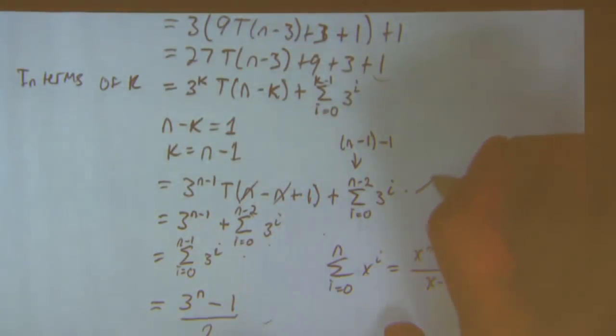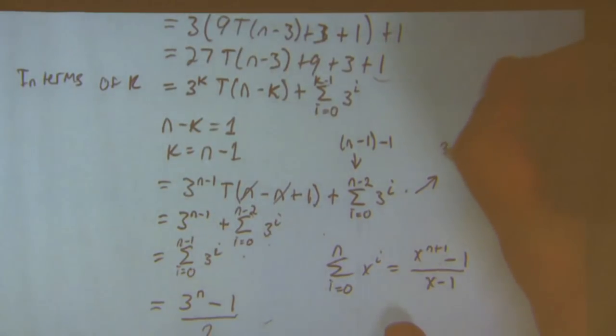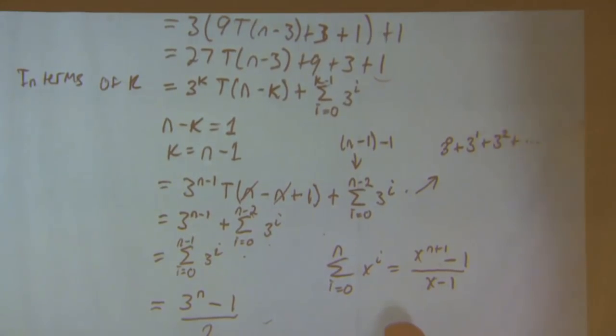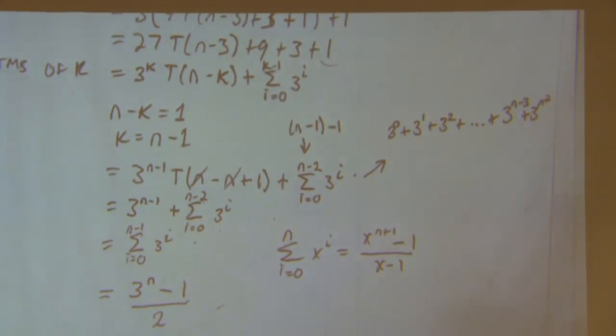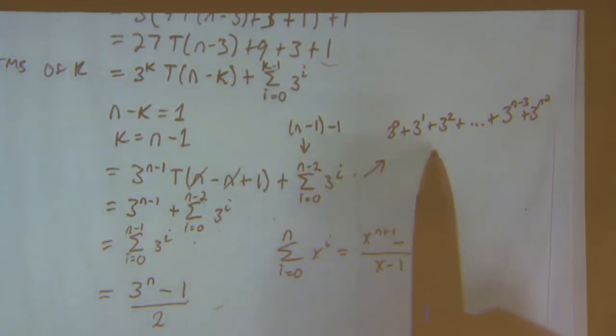This summation right here, when we write it out, we get 3 to the 0 plus 3 to the 1 plus 3 to the 2 plus, and then we keep going all the way up to 3 to the n minus 3 plus 3 to the n minus 2, right? And so we have this summation here that equals that.